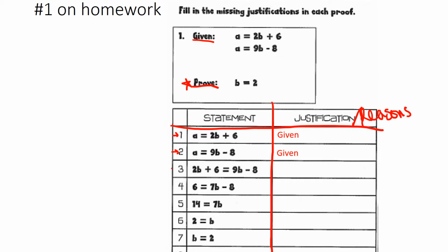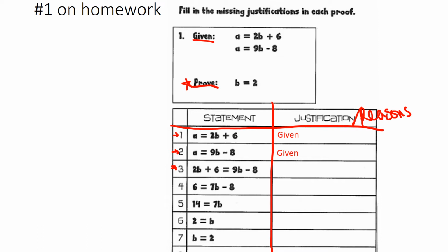And it's now on step 3 that we have to manipulate or do some algebra with the given to figure out what our next step is to get b alone. So they did the steps for us on this page, and we have to show the reasoning that they did. So they jumped from the given statements and said 2b plus 6 is equal to 9b minus 8.